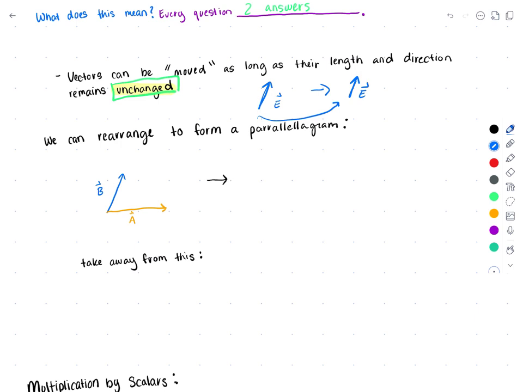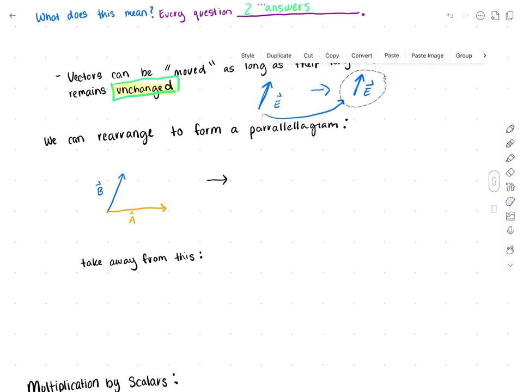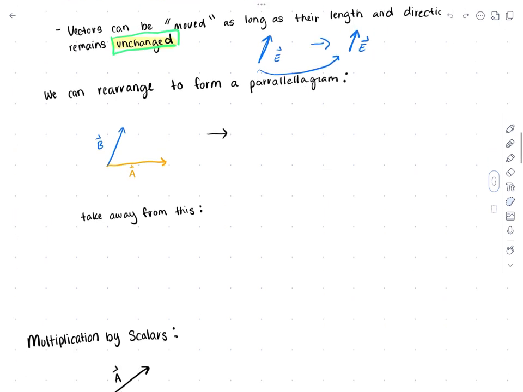What I mean by move it is that I essentially pick it up and move it around, and as long as vector E remains unchanged in length and direction, I can do that. That has many great benefits. One of the biggest is that I can rearrange vectors to form a parallelogram. This is a really important idea.